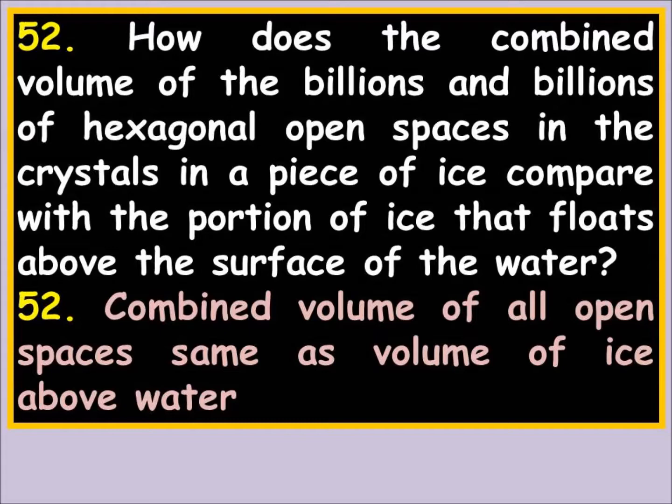When ice freezes, you're kind of making little life preservers in there. You're trapping air in the structure of the water, if you think of it that way. So those spaces will actually help it float, and all those volumes together are going to equal the volume above the water. All those hidden volumes in the ice.